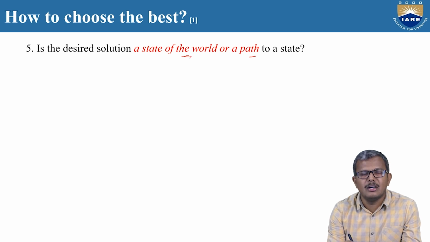For example, if you are working with common sense reasoning, the result will be the state of the world. If you are working with search techniques, then the result of your problem solving will be a path showing the way between the given points. So we need to look at whether your problem solution is giving a state of the world or a path to the state.